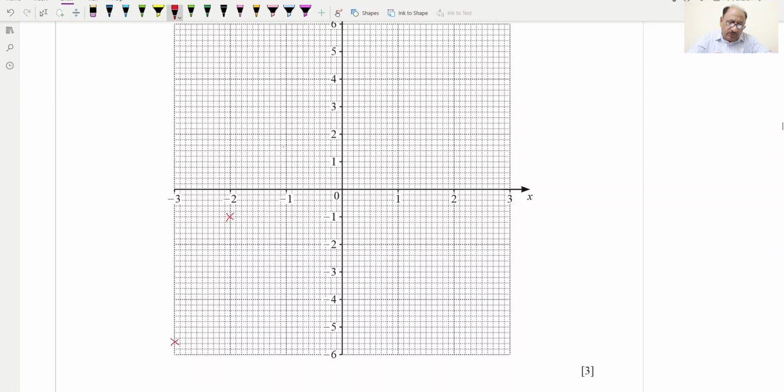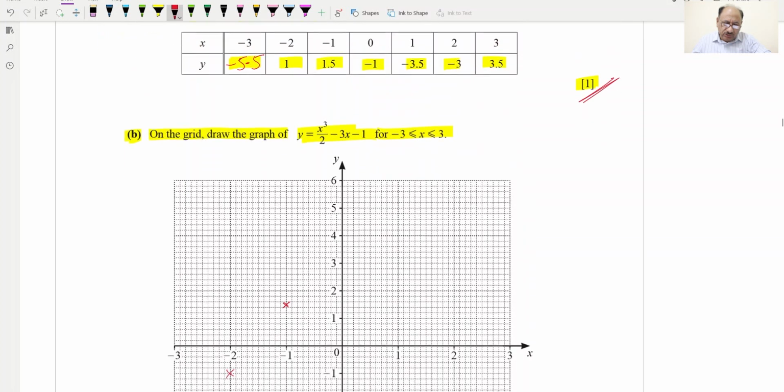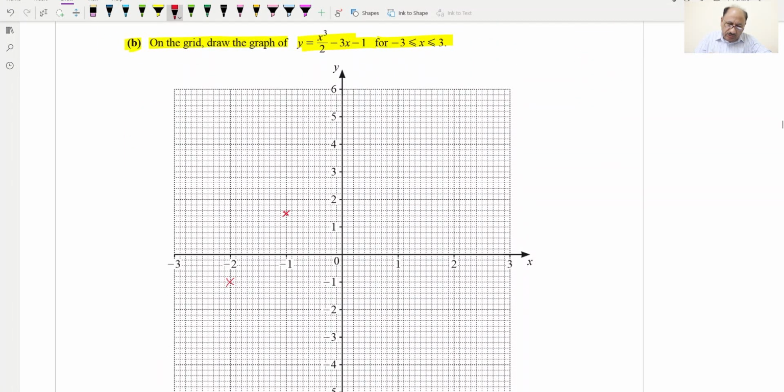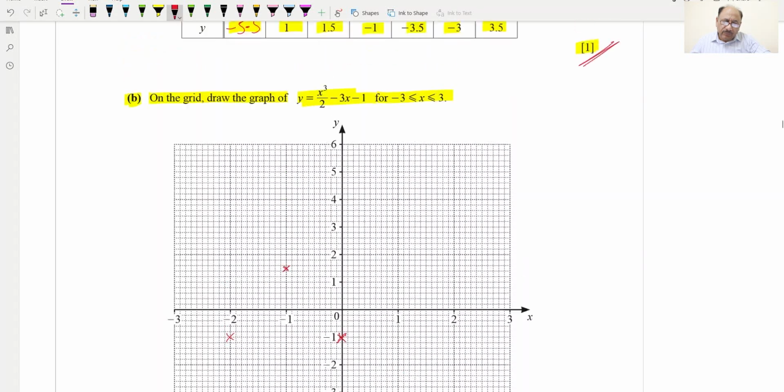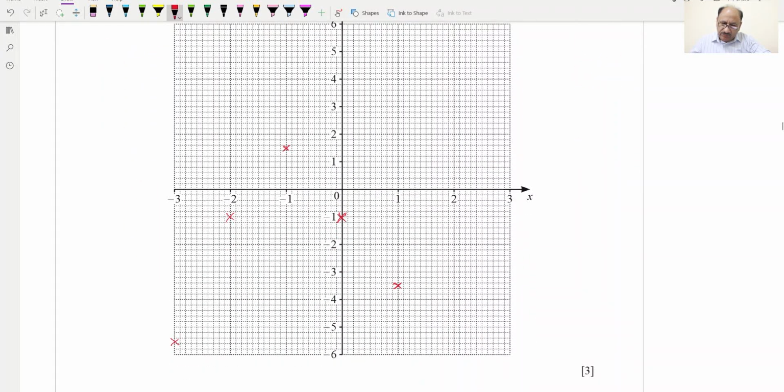So 1.5 will be in the middle over here, and the fourth value is 0 and minus 1. So 0 and minus 1 will be here, and the next value is 1 and minus 3.5. 1 and minus 3.5 will be this mark, and the next value is 2 and minus 3.